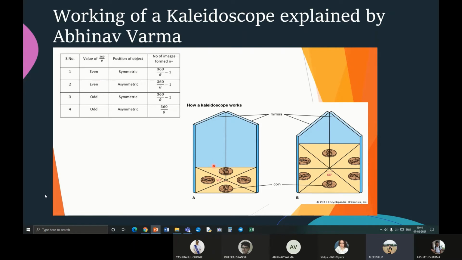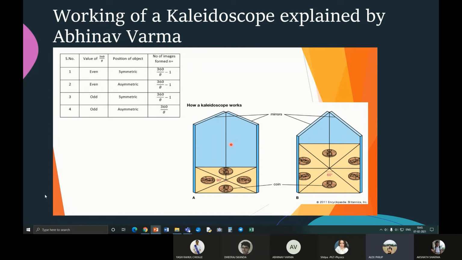And as you can also see, the coin, the object, is placed symmetric to each of the mirrors, and therefore the number of images that shall be formed is 360 upon 90, which is 4, minus 1, 3. So according to the formula, you should be getting the number of images as 3.